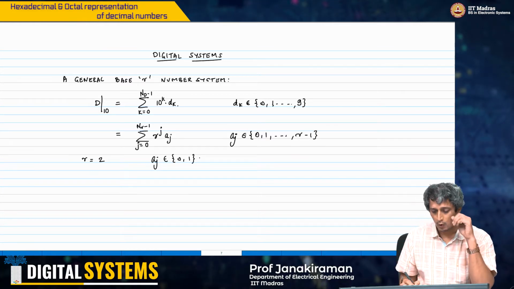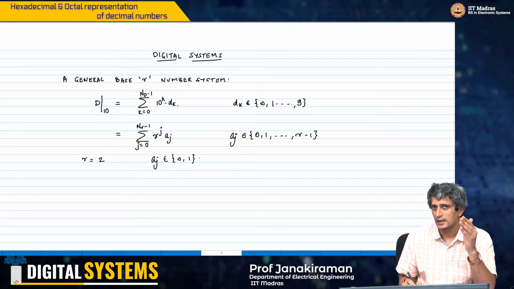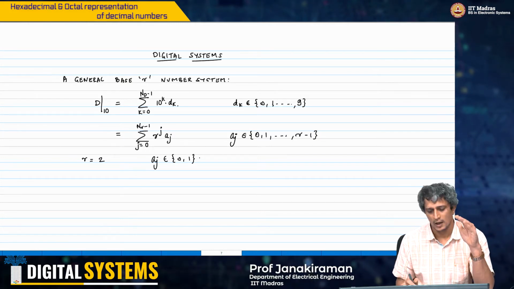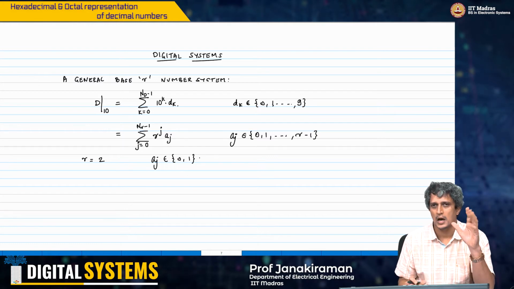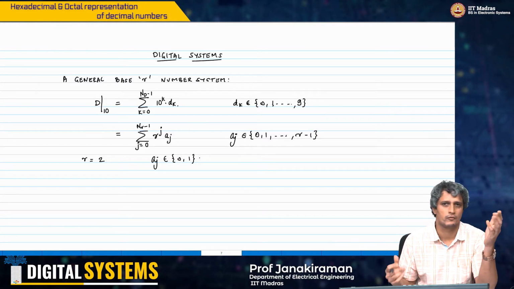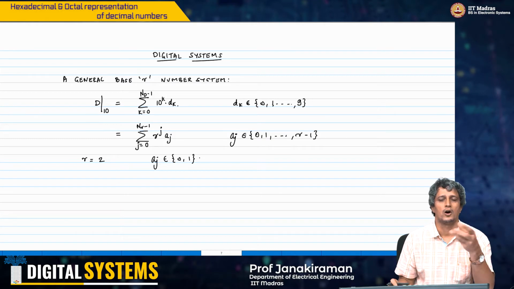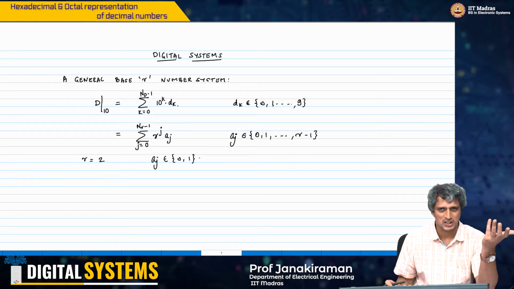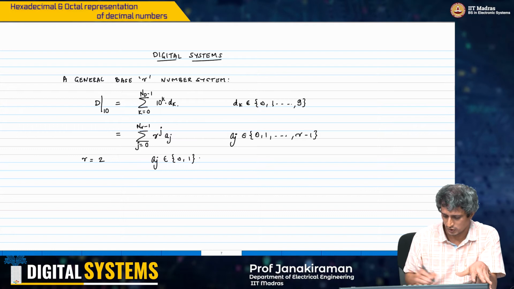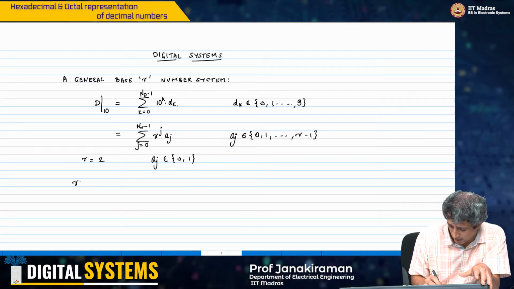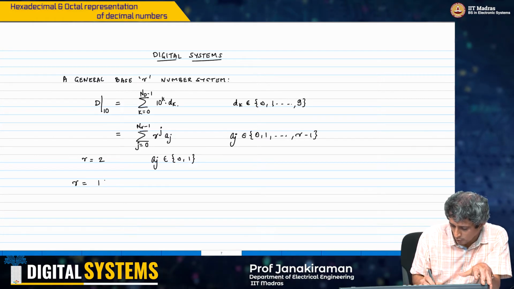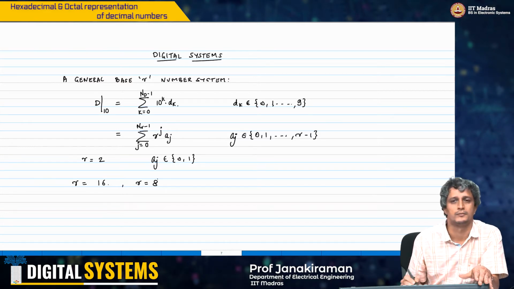Now it turns out that there are certain other bases which are also very relevant. We are not going to focus on arbitrary bases, for example base 3 or base 5. It's possible, but that's not the focus of this course. So we are going to look at very special representations of r equal to 16 and at most r equal to 8.